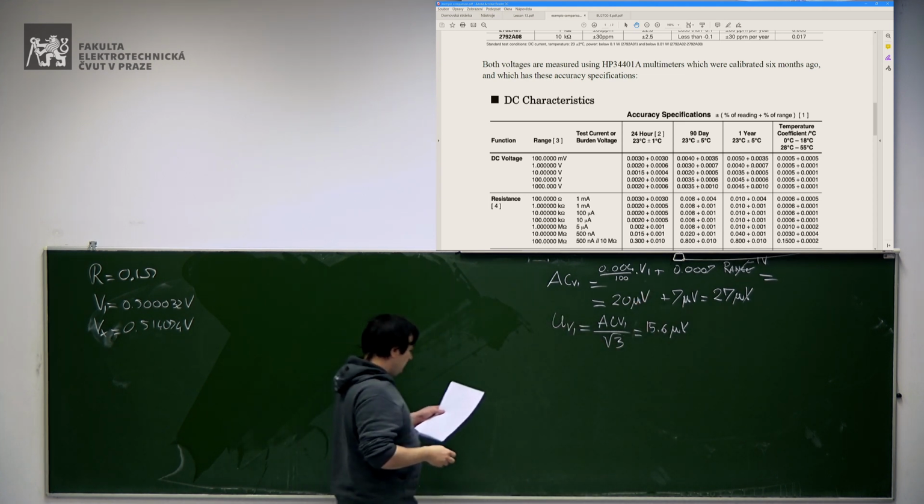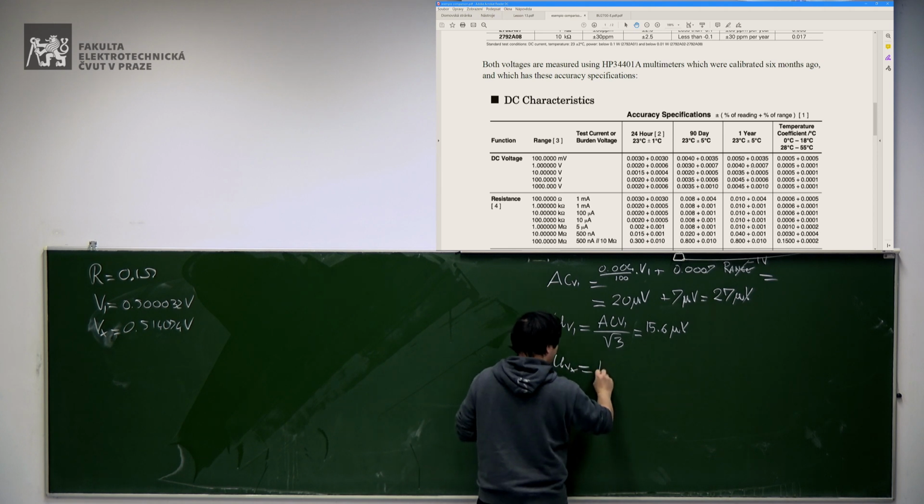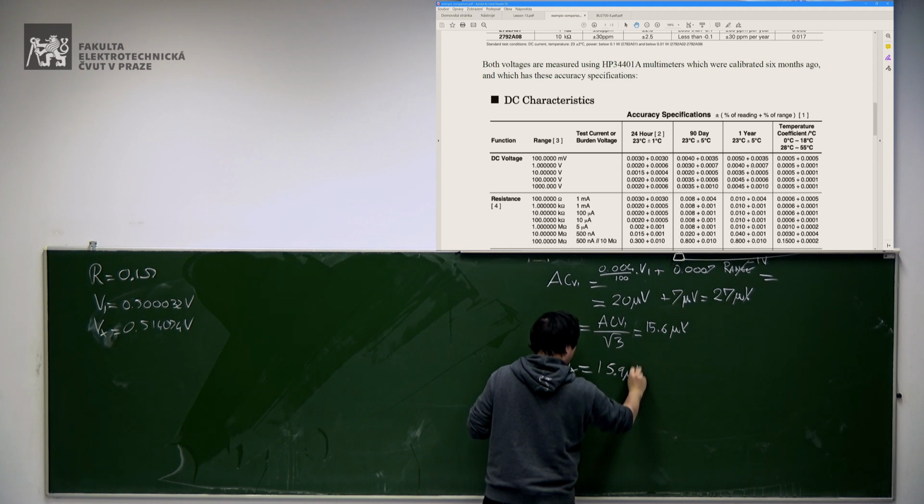So when you make your calculation, you get that the uncertainty of Vx is 15.9 microvolts.